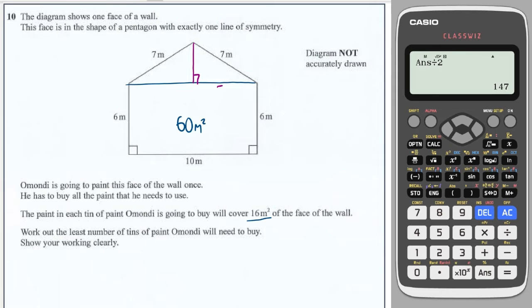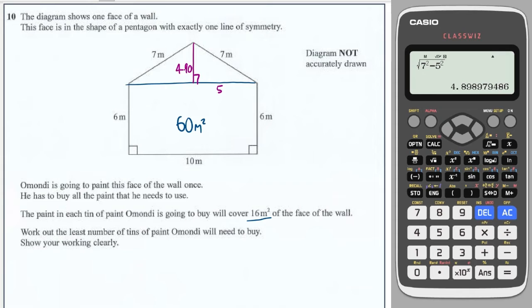So we know this side is going to be 5, it's half of 10. So we do the square root of 7 squared minus 5 squared, which gives us this. So that's 4.90.